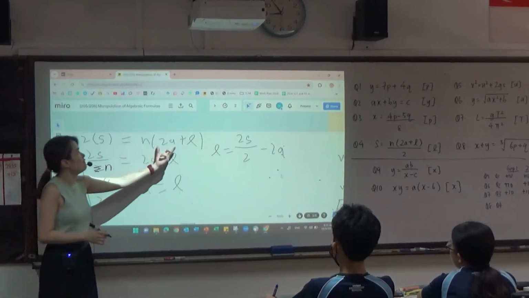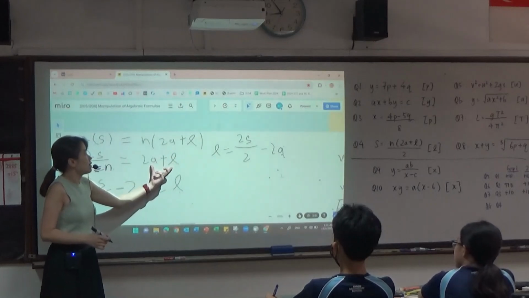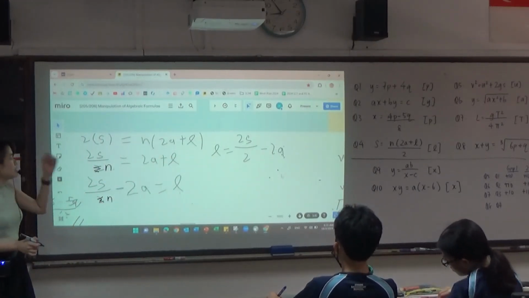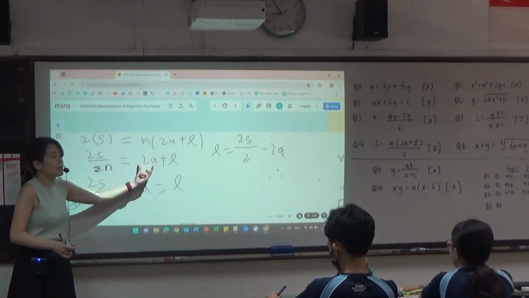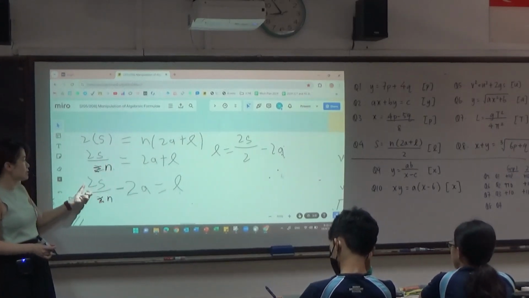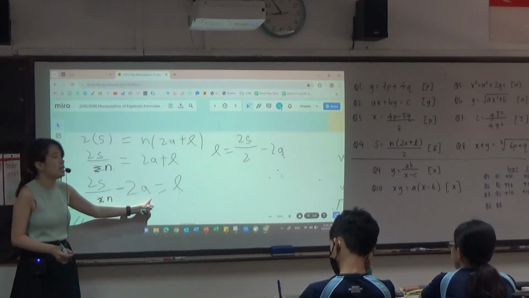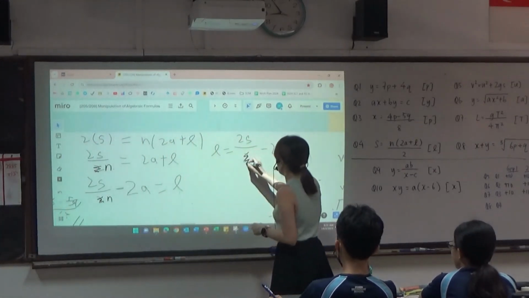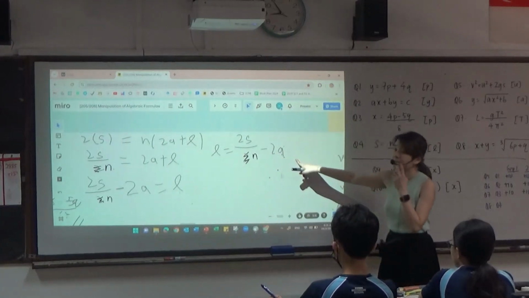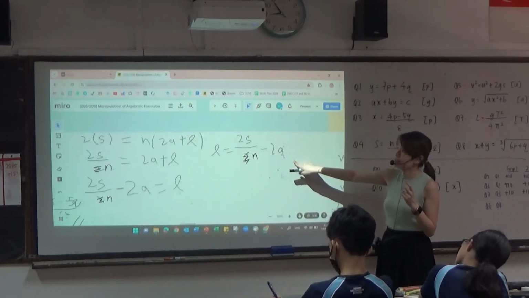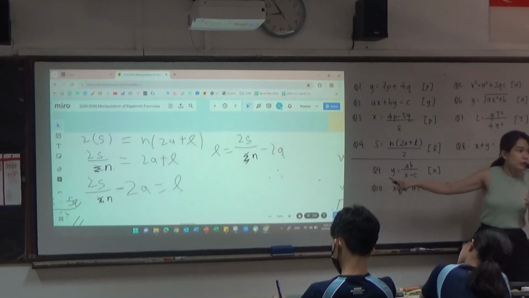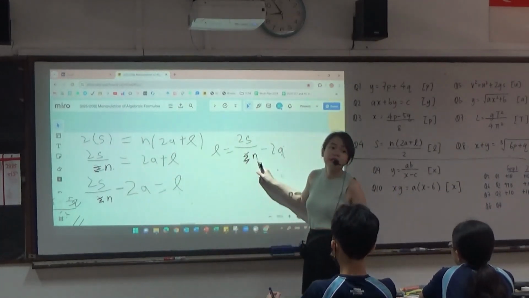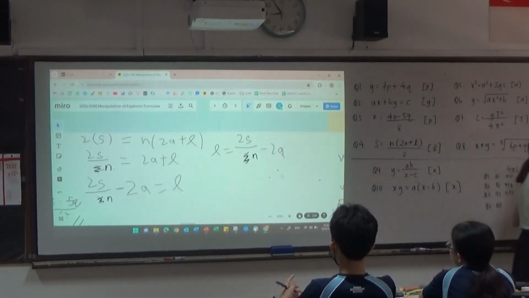Then we'll be left with 2a plus l. Then we want L to be the subject, so we can minus 2a over to the other side. So 2s over n minus 2a equals L. Therefore L equals 2s over n minus 2a. This is also a correct answer, if the denominators were all n's. The process itself is correct.